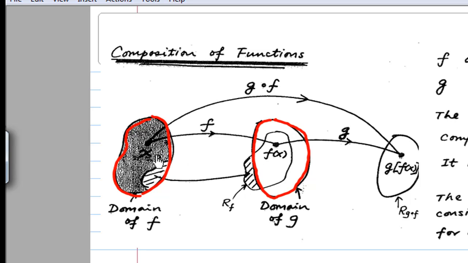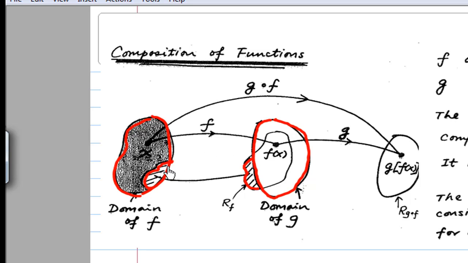It is not true that after you apply function f, f of x will always be inside the domain of g. Some of the x will not give you f of x inside the domain of g. So that means you must make sure that whatever x you have in the domain of f, the image lies in the domain of g. So you must exclude some of the points in the domain of f.